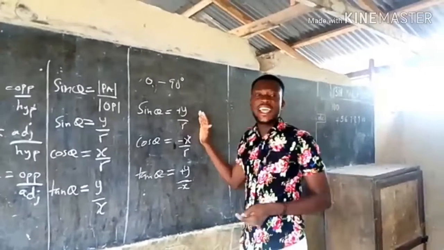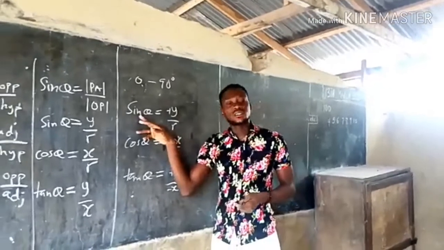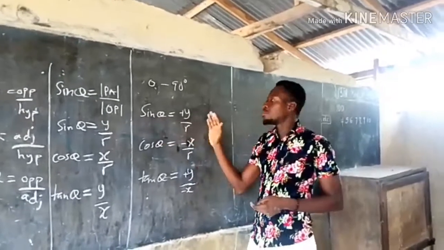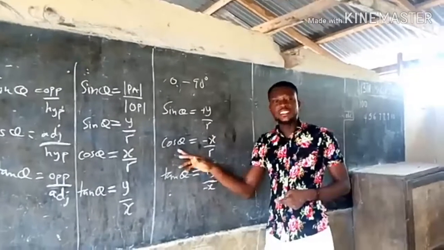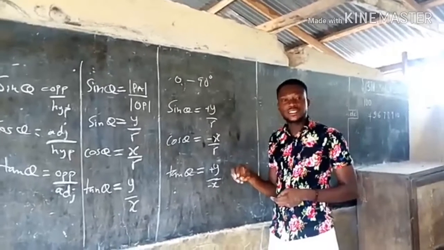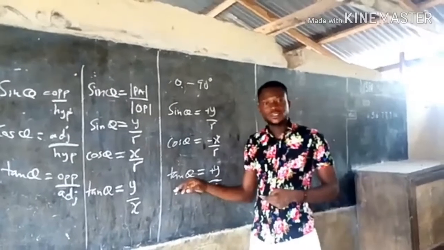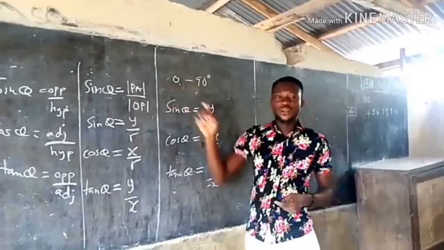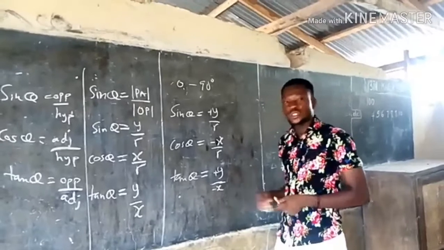So in the second quadrant, if you find sine of any angle, you get a positive value. If you find cos of any angle in the second quadrant, since x is negative, you get a negative value. If you find tan of any angle in the second quadrant, that also gives you a negative value, because x is negative.